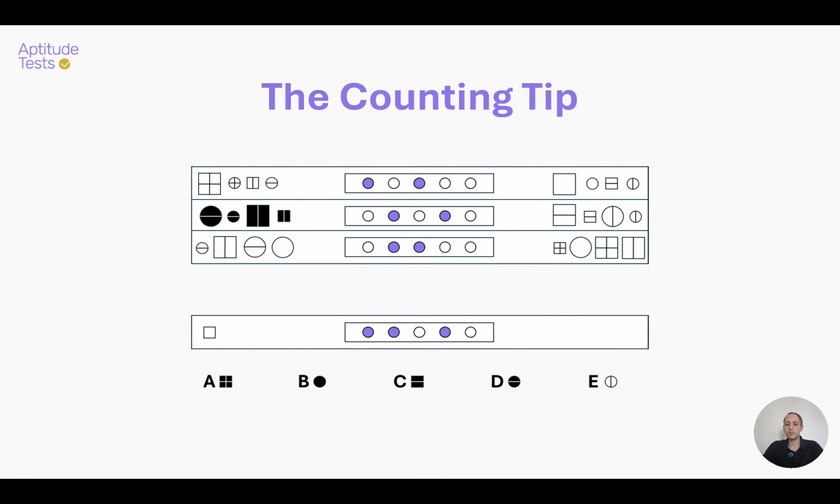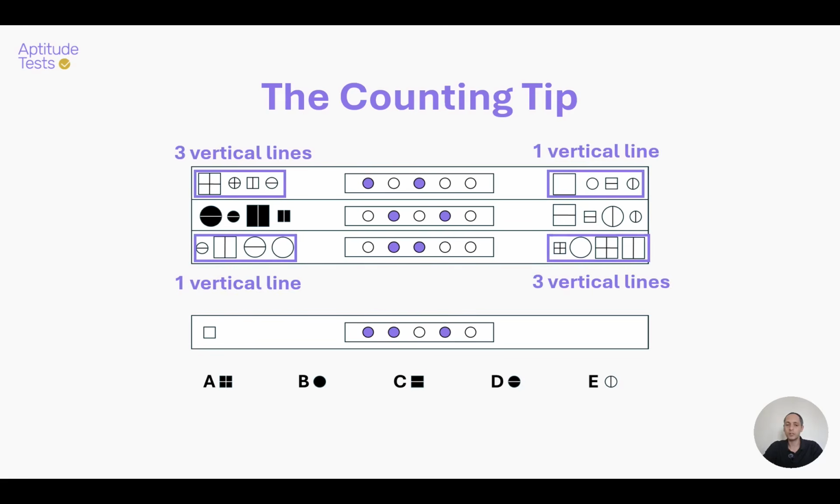So the first thing I'm going to do is remember the three patterns I have just mentioned: the vertical line, the horizontal line, and the shape change. And I'm going to start counting on both sides of the function keys the number of shapes I have from each trait. So let's start with the vertical lines. Okay, on the left-hand side, I have on the top row 3 vertical lines, whereas I have only 1 on the right-hand side, and on the third row, I have 1 vertical line on the left, whereas 3 vertical lines on the right.